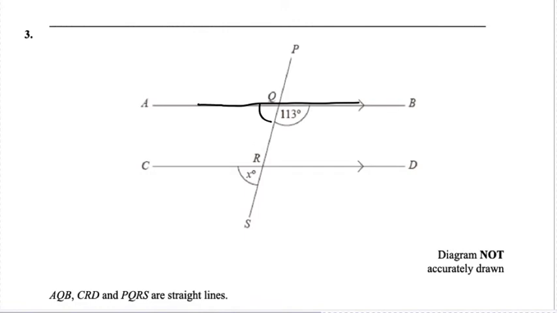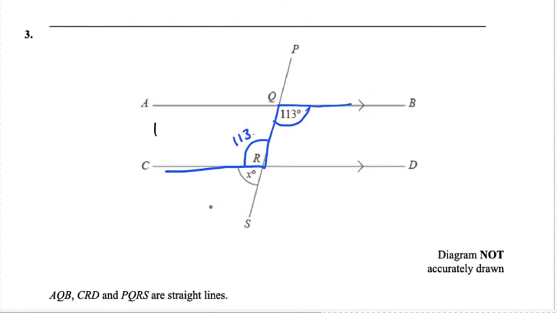So this will be 180 minus 113, which is 67. So if this is 67, we know that co-interior angles add up to 180 as well. This is an F, so this is interior to that. Or alternatively, we could say that this here is a Z, so this angle is equal to this angle, so this is 113.